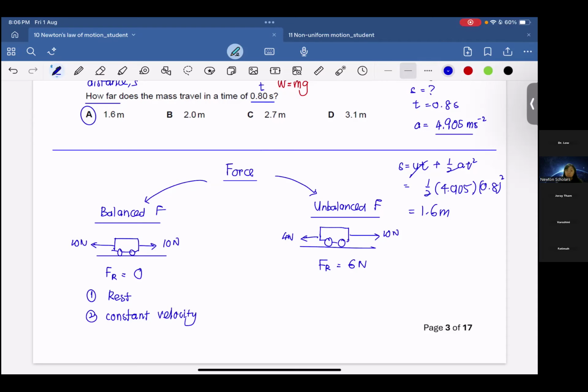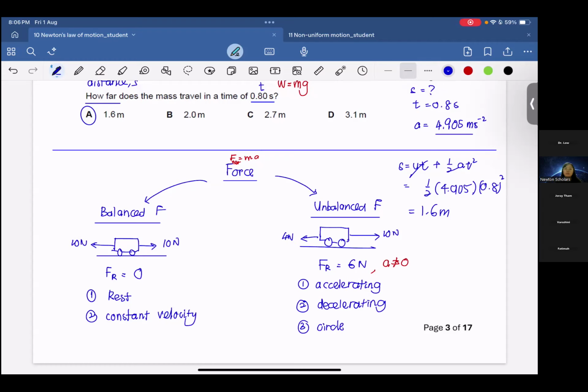There are three types of motion possible under unbalanced force. One is when your A is positive, then we say the object is accelerating. Second, if your A is negative, we say the object is decelerating. And third, maybe the object is moving in a circle or changing direction.